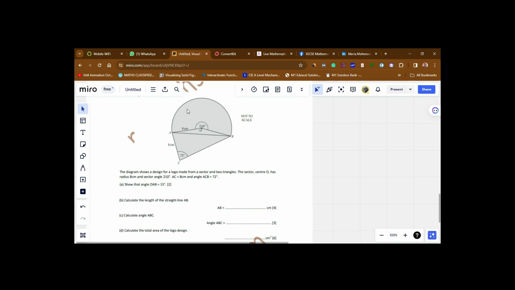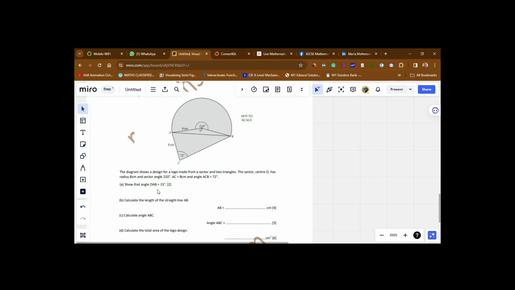This is a major arc sector, this is triangle number one, and this is triangle number two. The sector having center O has radius 8 centimeter, and the sector angle is 210 degrees. AC is 8 centimeter and angle ACB is 72 degrees.